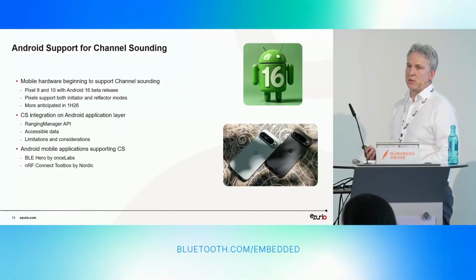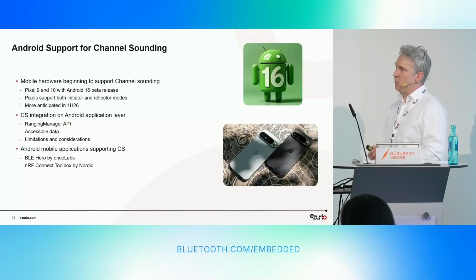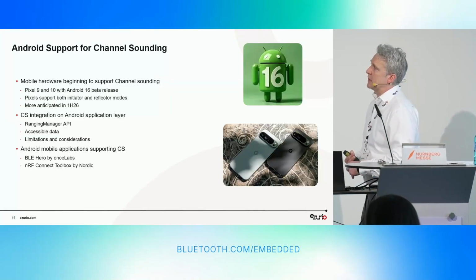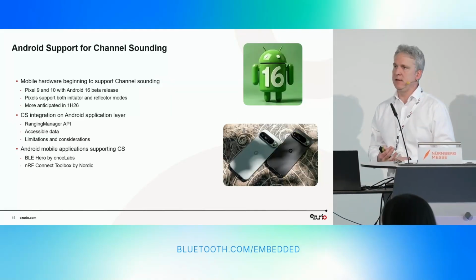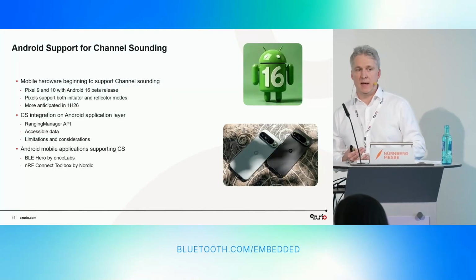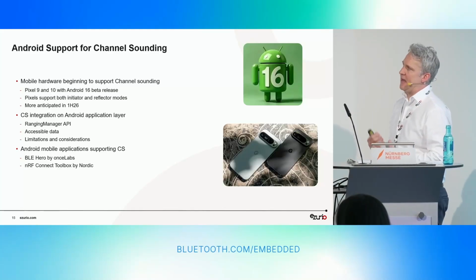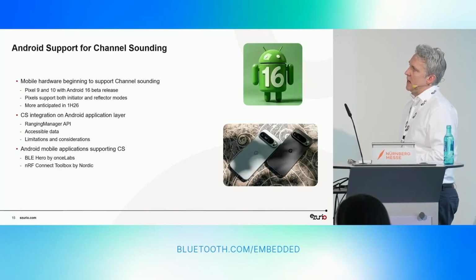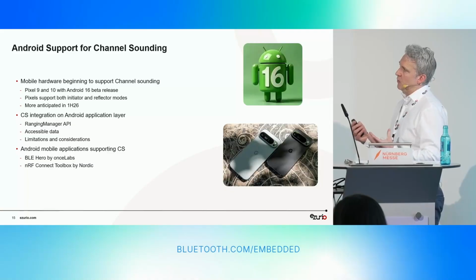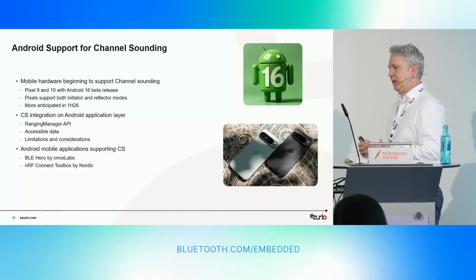So where can you go to test this on a mobile phone? At the moment, your only place to go is Android 16 on the Google Pixel 9 and Pixel 10 and 10a that's just come out. So that has full integration now for both initiator and reflector. It's in the full Android developer program.